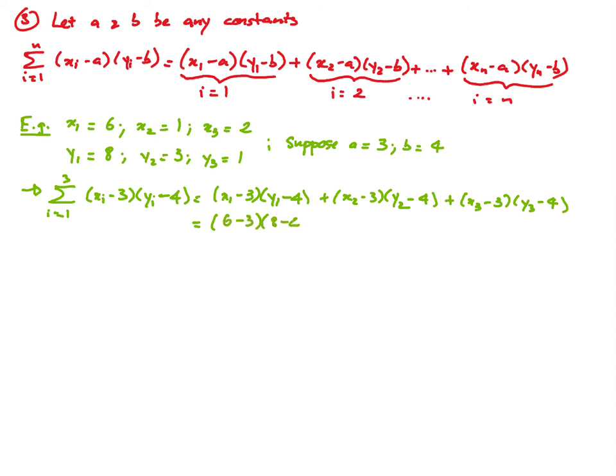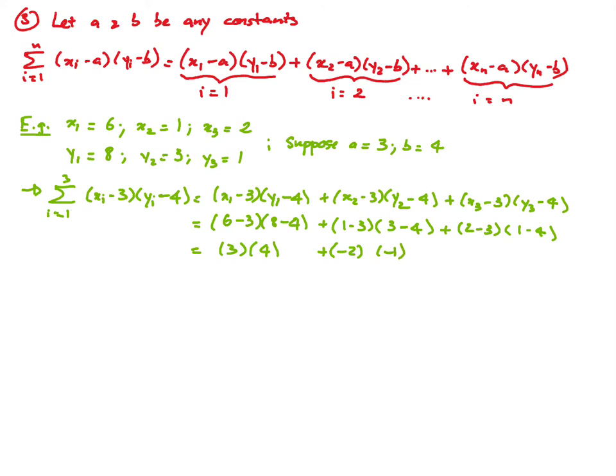So if you plug in numbers, this becomes (6 minus 3) times (8 minus 4) plus (1 minus 3) times (3 minus 4) plus (2 minus 3) times (1 minus 4). So 6 minus 3 is 3, 8 minus 4 is 4, so the first term is 3 times 4. 1 minus 3 is negative 2, 3 minus 4 is negative 1, so the second term is equal to negative 2 times negative 1.